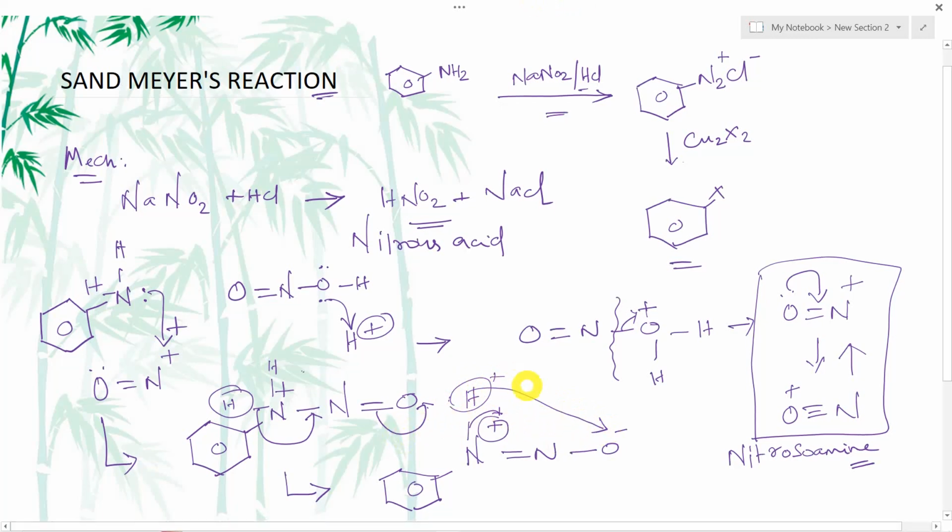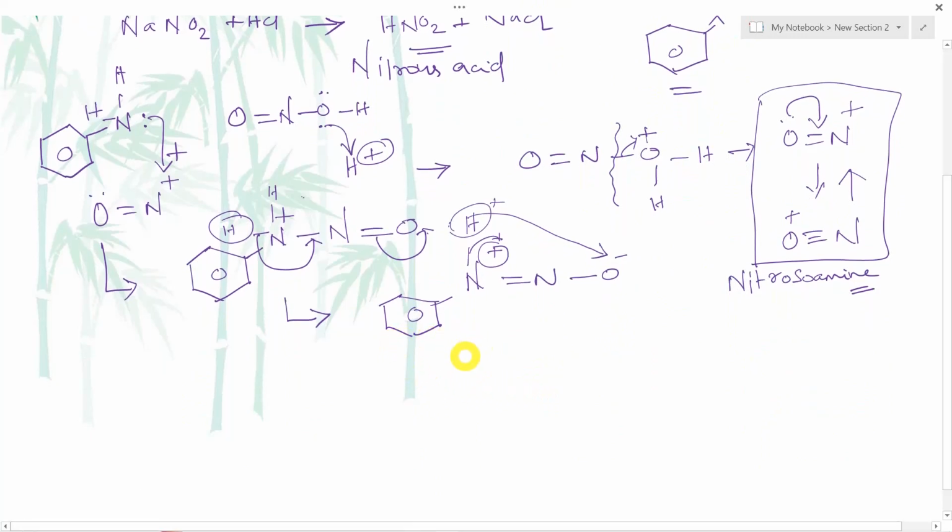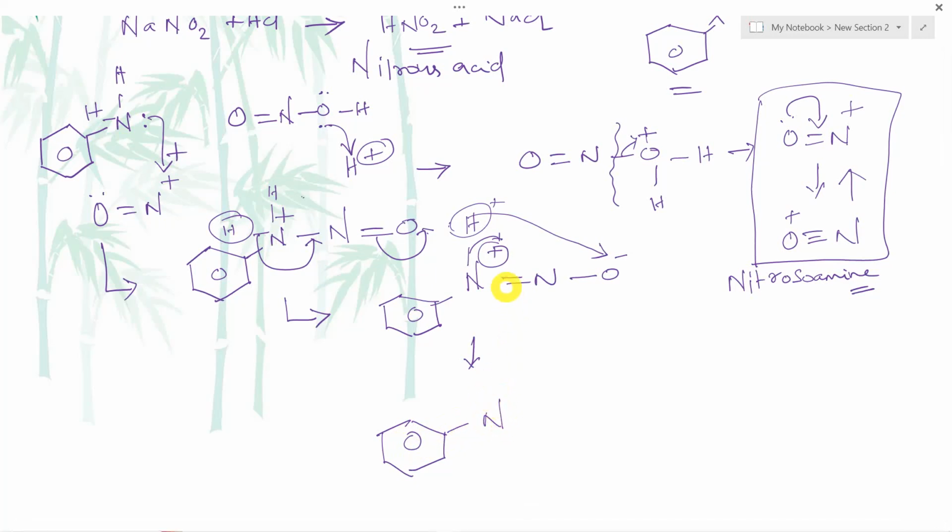So now it has become N, the positive has been nullified by getting the electrons, double bond nitrogen, and here OH. So the positive and negative are nullified; it got its electrons.